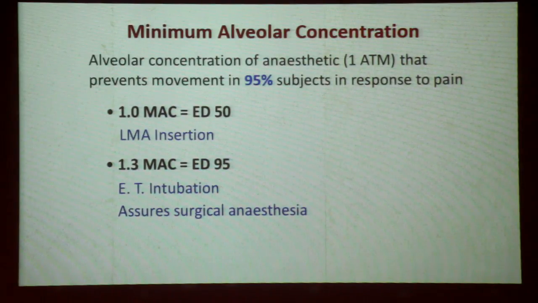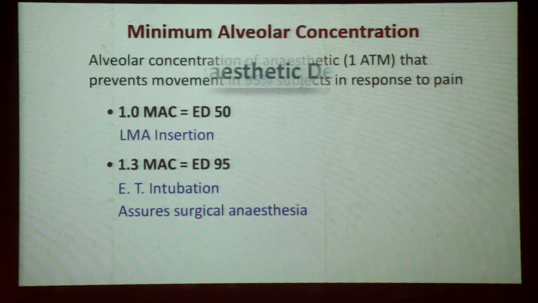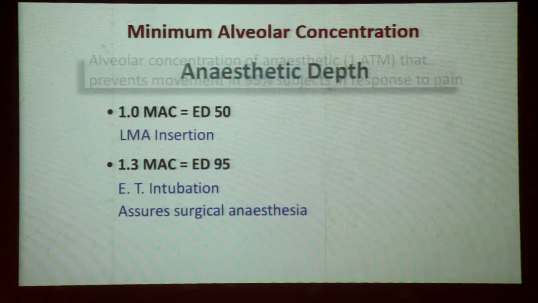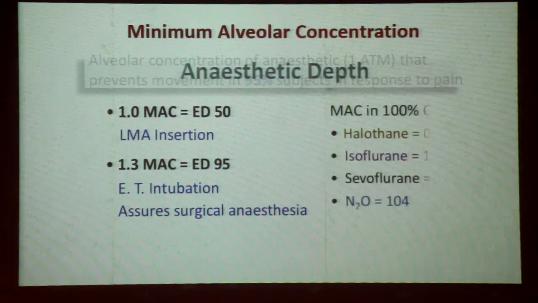So this is what MAC tells us, and it basically tells us about the anesthetic depth. It tells us that at that depth of anesthesia, the patient would not respond to a noxious stimulus. That is what is MAC. It determines the anesthetic depth.